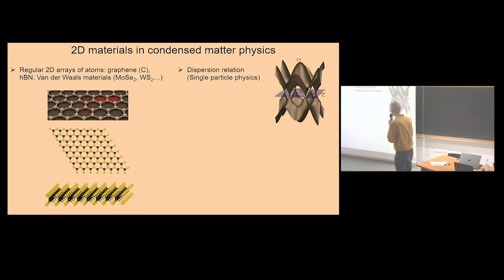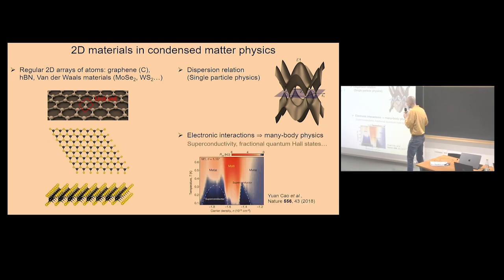But this is completely single-particle physics, or linear physics. Now you need to remember that electrons also interact together. So if you take into account electron-electron interactions, many-body effects can appear.